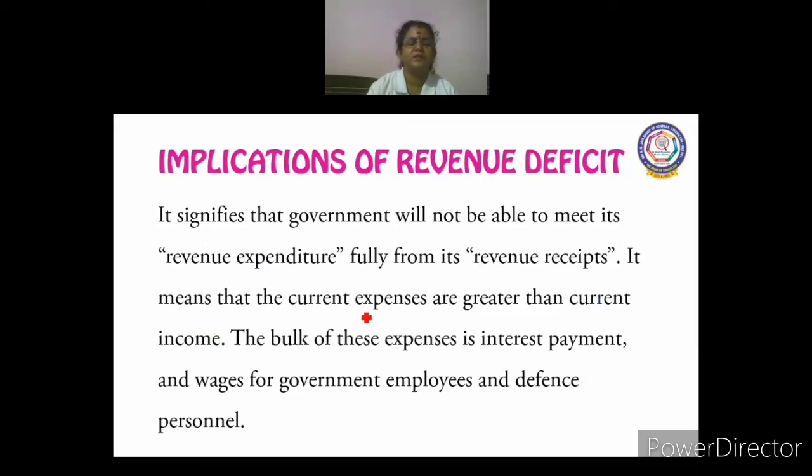It means that the current expenses are greater than the current income. Expenditure is greater than the income of the government. Income is here the receipts. The bulk of these expenses is interest payment, wages for government employees and defense personnel, and other expenses.